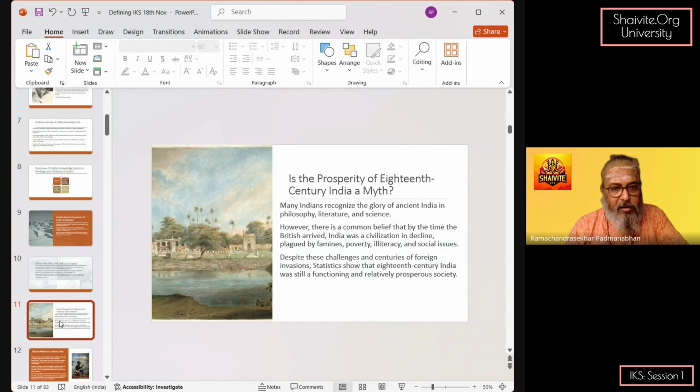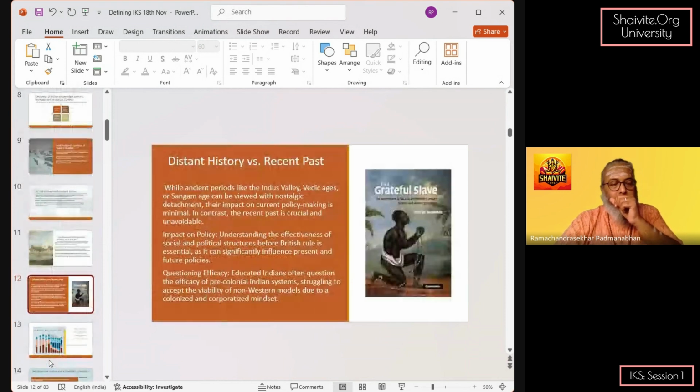And the colonial powers were doing India a favor by ruling over us. So this is a narrative that has been built directly and very succinctly through our education system itself. That's the hard part of it. So it's the case of a grateful slave, post-independence India.